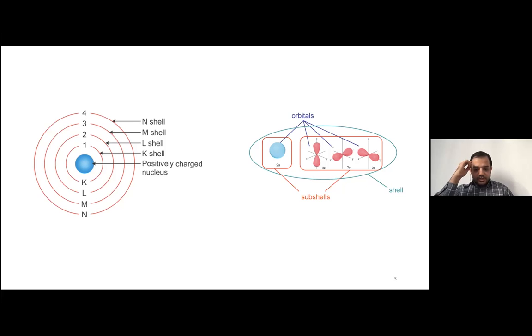And as you can see here, the shells are named from the bottom up, K, L, M, N, and so on. And every electron shell has one or more electron subshells, right? At the right, the figure on the right. And every subshell may have a few orbitals, as you can see here.